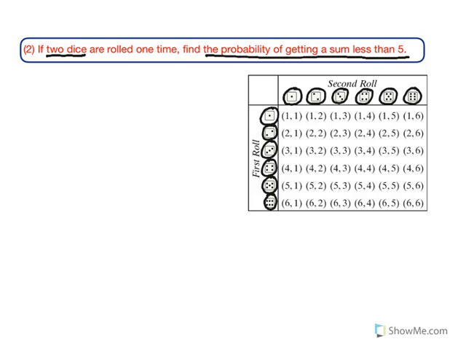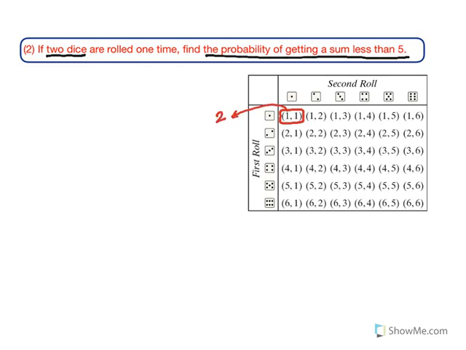So let me just erase this part and let's look at the sum when we add. The least you can have is if you add these two, the sum of them is 2. And look here, if you add these or these here, these two give you a sum of 3.